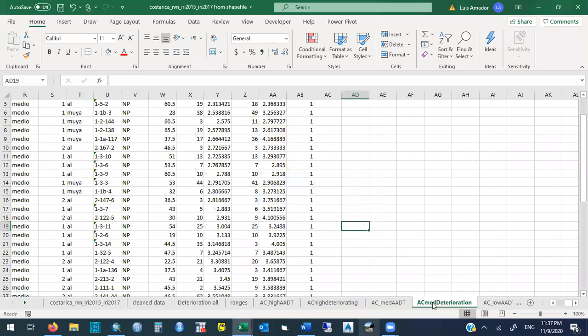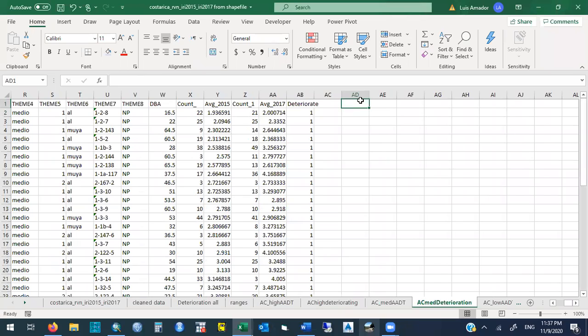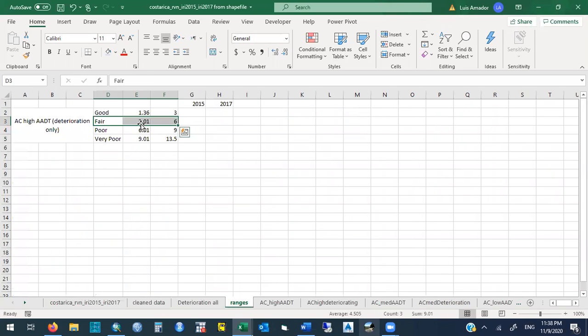Let's go for the next one. I have my 2015, my 2017. I have my good, fair, poor. Maybe I do have very poor here. So up to 3. Actually, I say 3.1, right? 3.01.